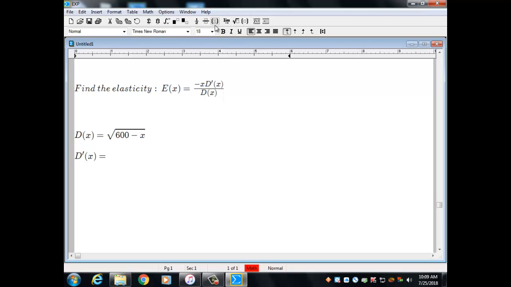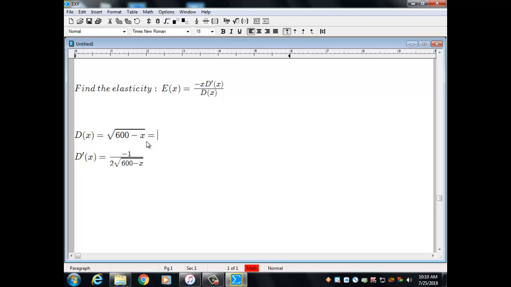Well, remember that with the square root, it's 2 times whatever that square root is on the bottom, times what's on top: the derivative of the inside, which in this case is -1. Let me pause here for station identification. All right, this is -1 over 2 square root of 600 minus x.